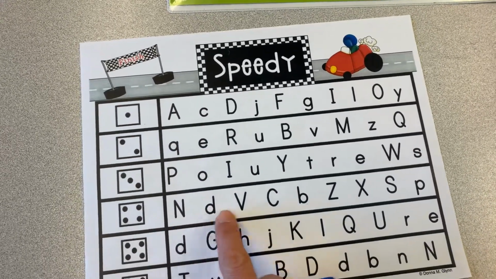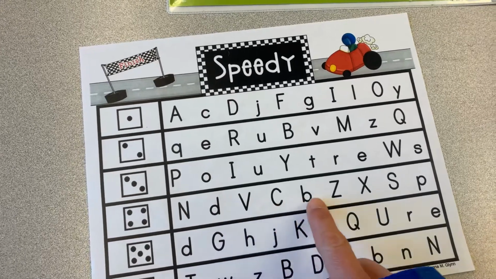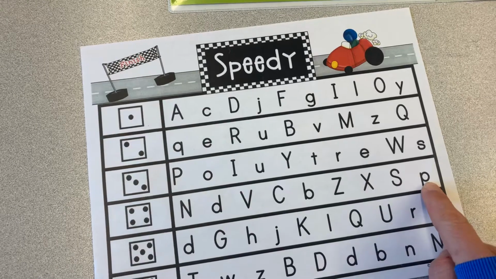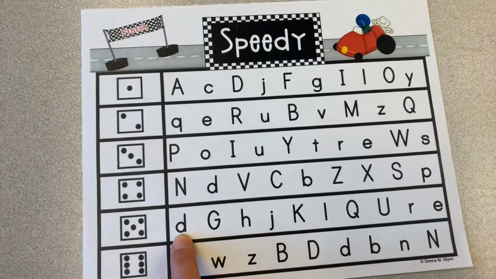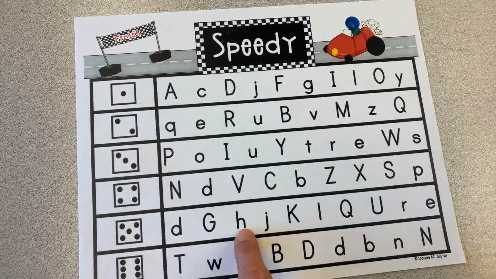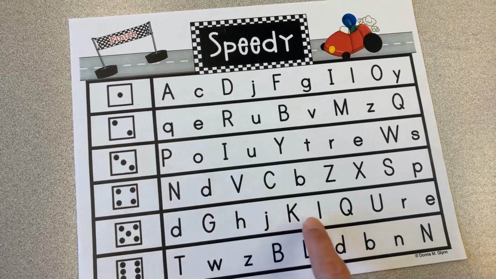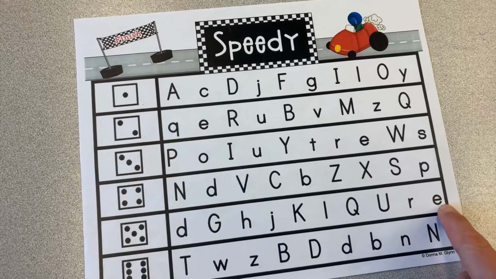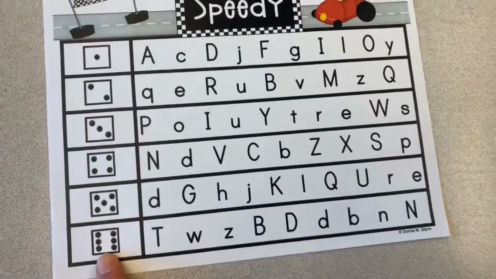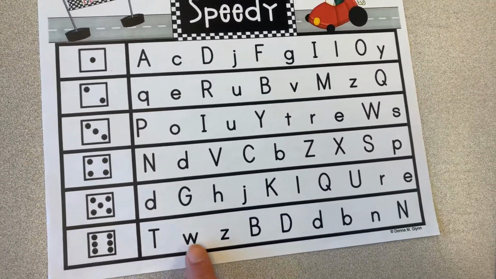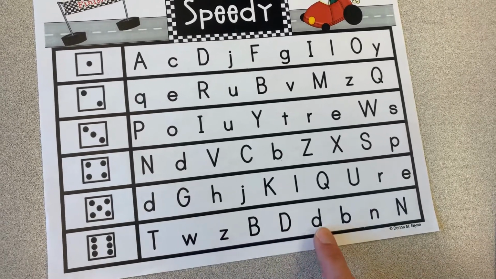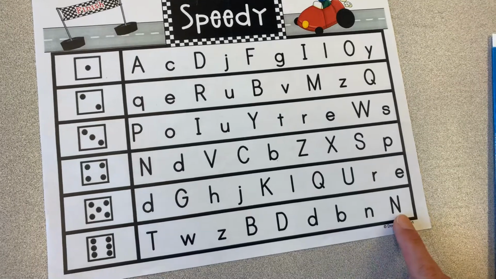N, D, V, C, B, Z, X, S, P. Row 5. D, G, H, J, K, L, Q, U, R, E. And our last row, row 6, friends, here we go. T, W, Z, B, D, D, B, N, N.